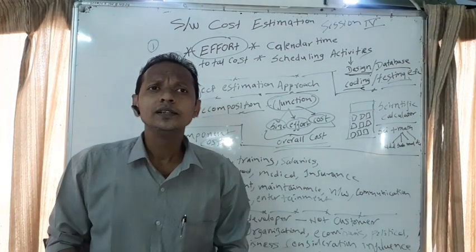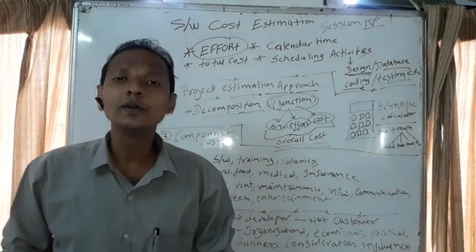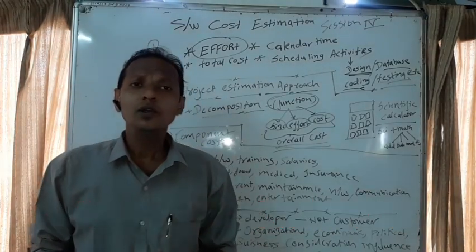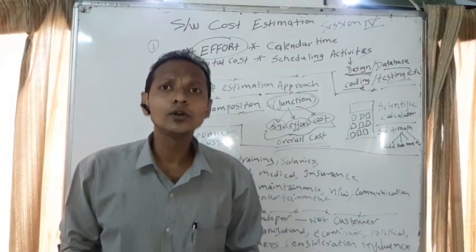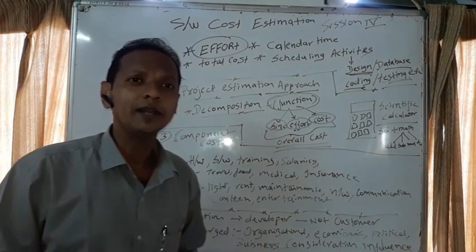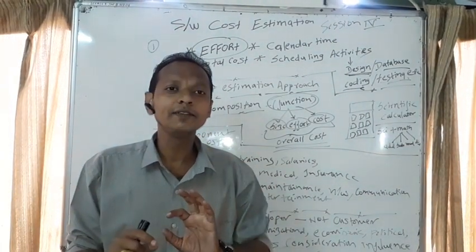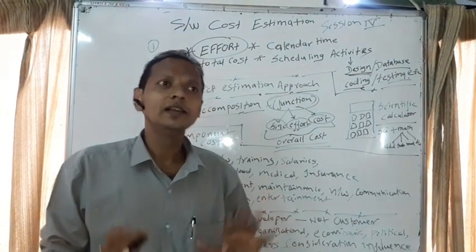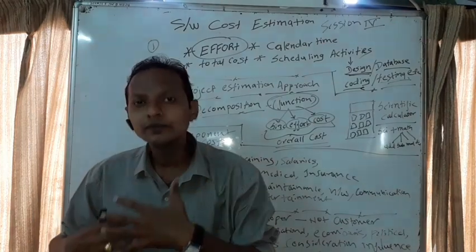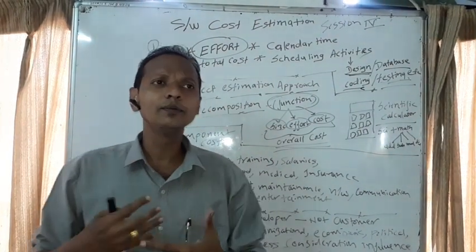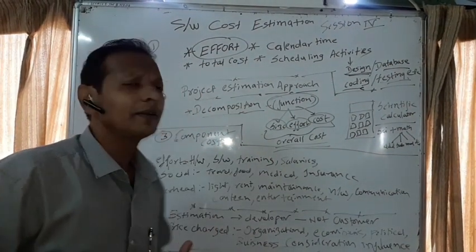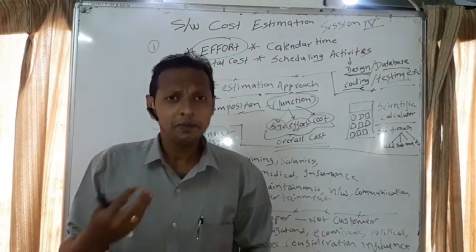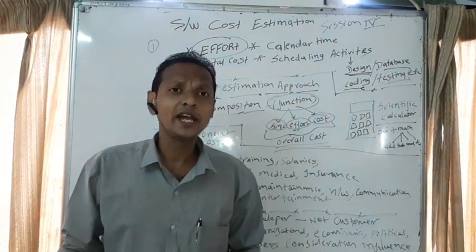Suppose we need to develop a scientific calculator. A scientific calculator works for scientific methods and also for numerical methods. So we may say that the scientific calculator has two functions, scientific and numerical. If we further break down the numerical part, it may come into addition, subtraction, multiplication, division, percentage, and square root.